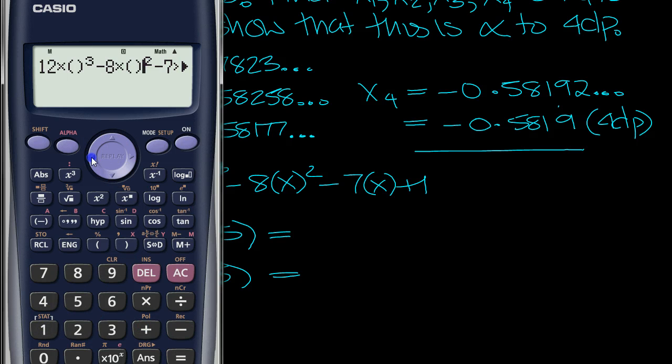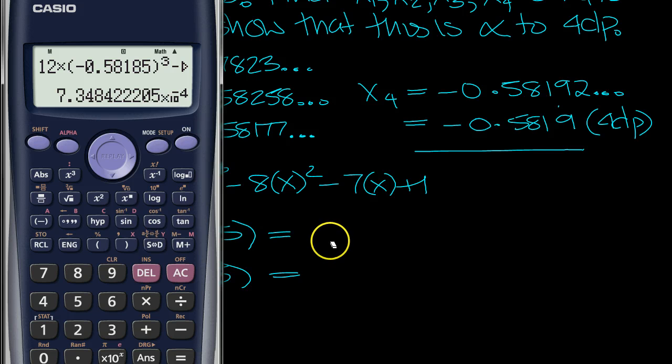Put in our first value then. Minus 0.58185 there, minus 0.58185 there, and minus 0.58185.